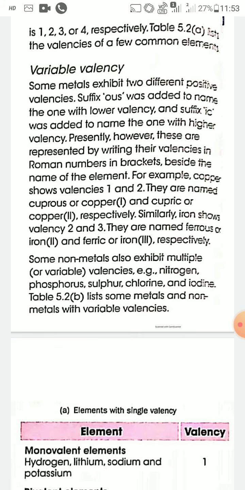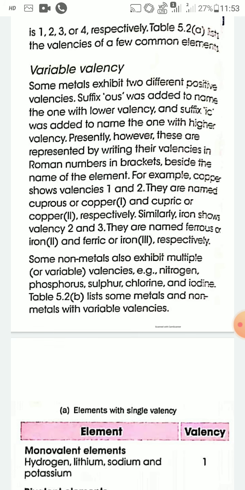Similarly, iron shows valencies 2 and 3, and they are named ferrous, that is iron within bracket Roman 2, and ferric, or iron within bracket Roman 3. So some metals can exhibit 2 or more valencies, and these are called variable valencies.